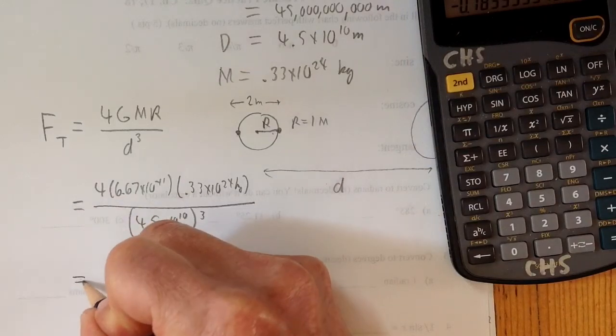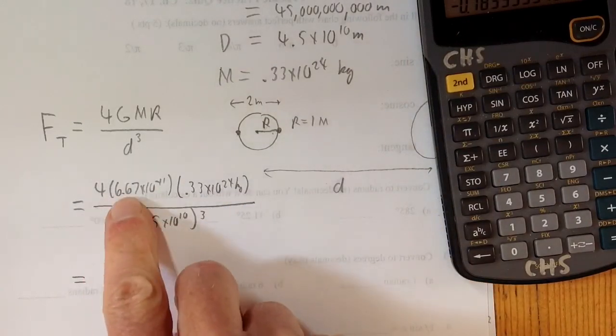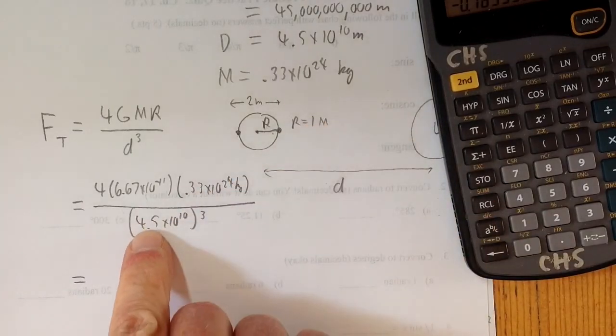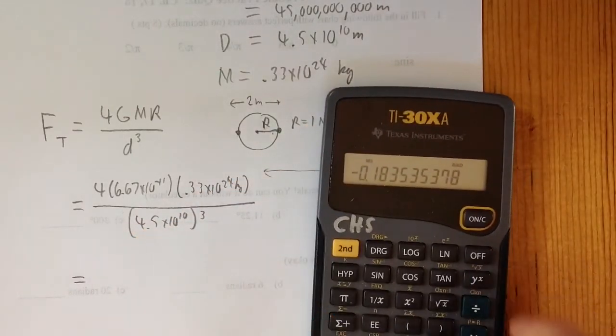First, let's do the numbers, then we'll do the scientific notation. So 4 times 6.67 times 0.33 divided by 4.5, 3 times. So let me do that. 4 times 6.67 times 0.33 divided by 4.5 divided by 4.5 divided by 4.5.